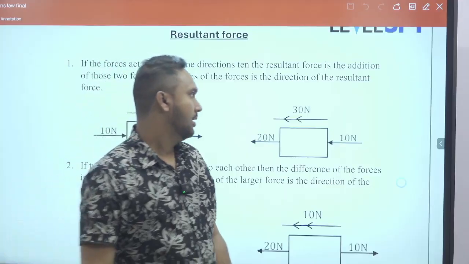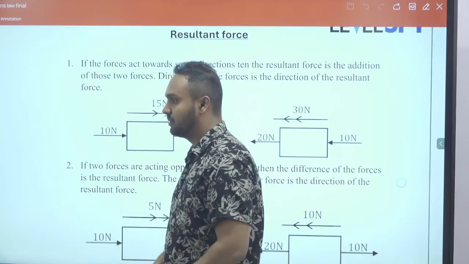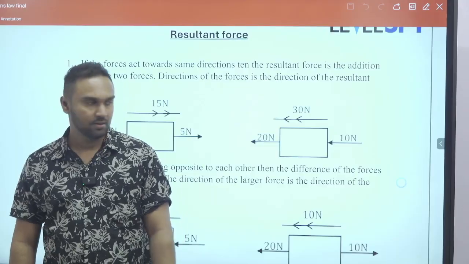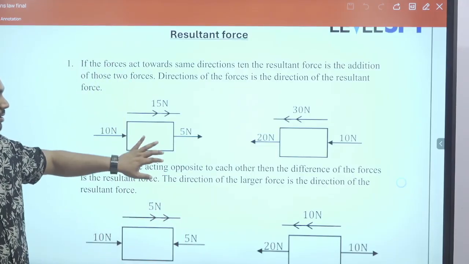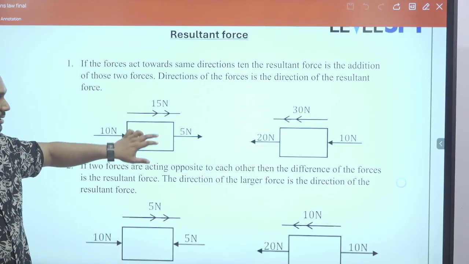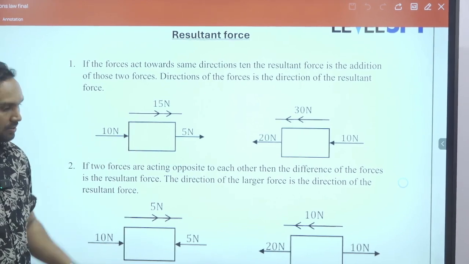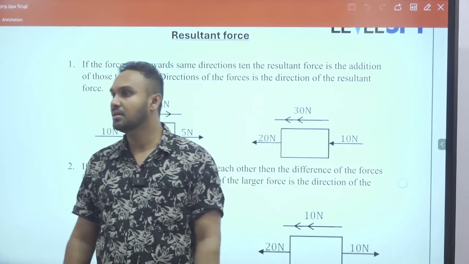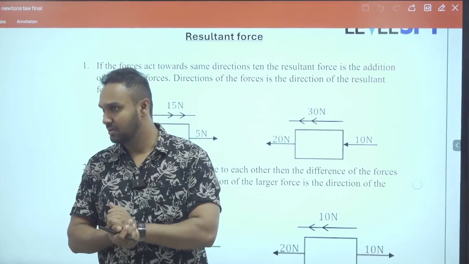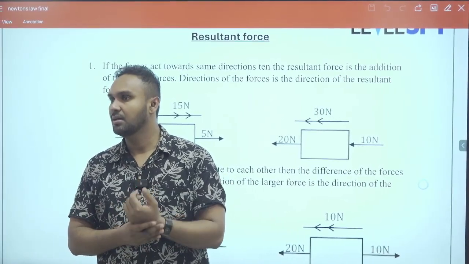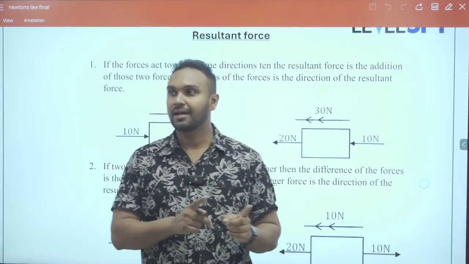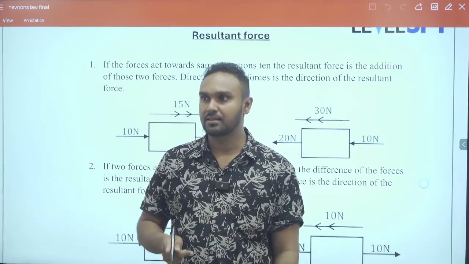Right. So first thing to discuss is about the acceleration and the resultant force. When two forces are acting on an object in either a horizontal or vertical plane, the acceleration depends on the resultant force. That we take in two axes, right? One in the x axis and the other in the y axis, separately.